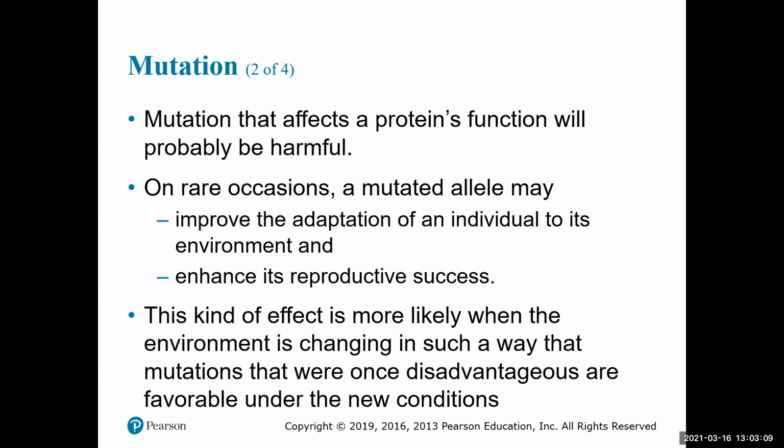We get these kinds of effects more often when the environment is changing in a way where that mutation used to be disadvantaged, used to be deleterious, but is now favorable. So for example, if dark coat color mice are on the beach, and then all of a sudden the beach becomes forested because of climate change, then that dark coat color is now beneficial. And so you get selection for it instead of for the white coat color.